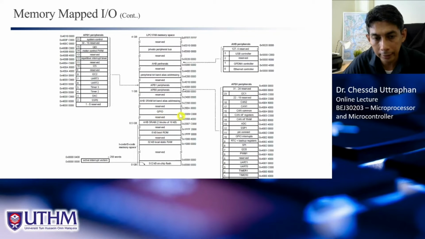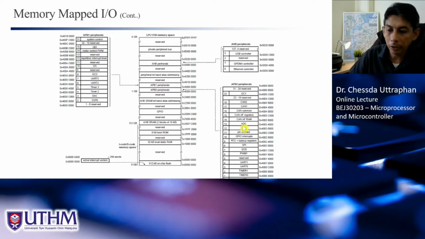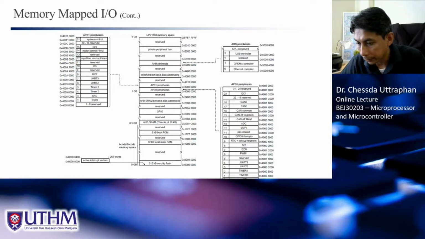And when we access this location, we actually access the IO. For example, here, this address 4003 4000. So when we access any of this location, means that we access the ADC, right? So the memory map IO is something like this.